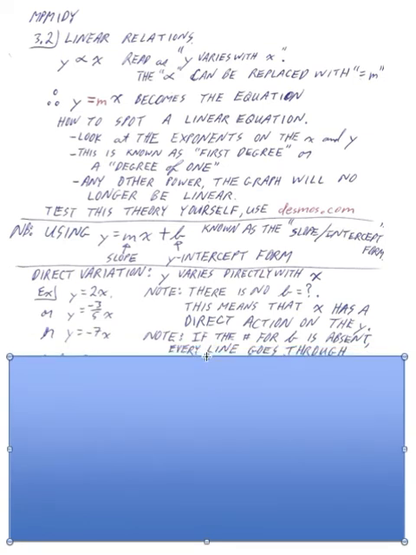That's what makes it a direct function, because it's the y and the x directly working together. It can have a fraction as an m or a negative, doesn't matter. Basically, it has a direct action from x to y. There's no other piece involved.